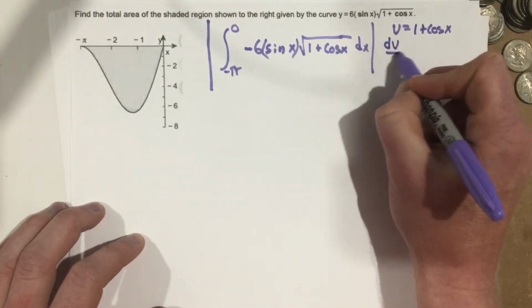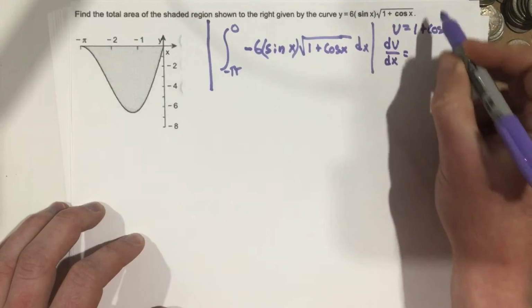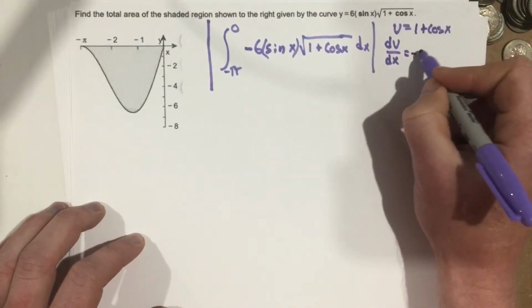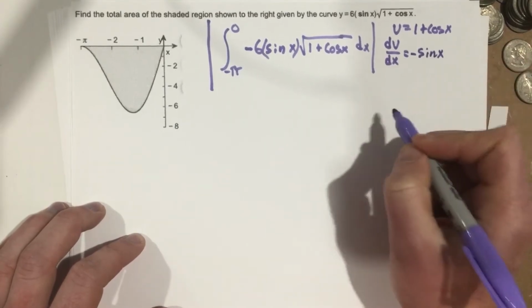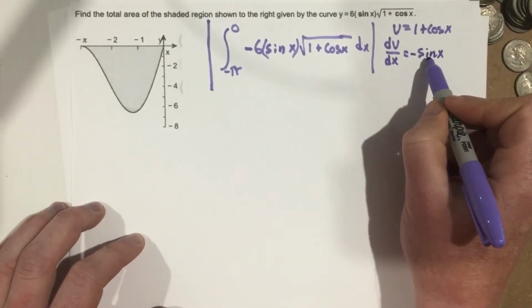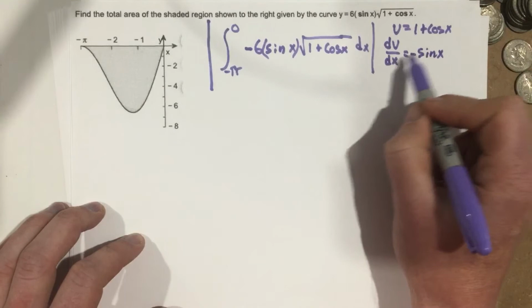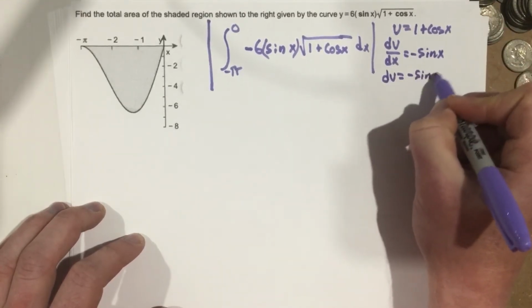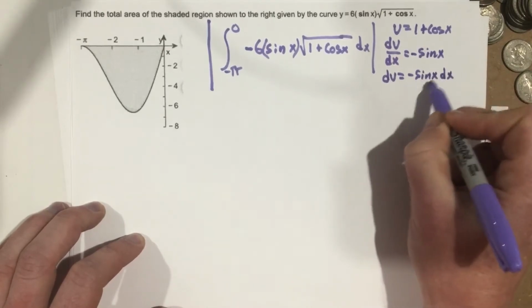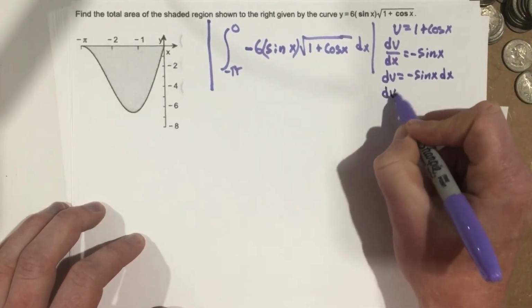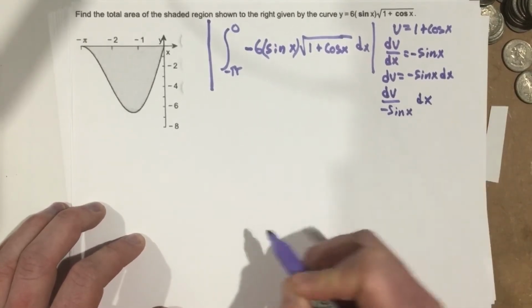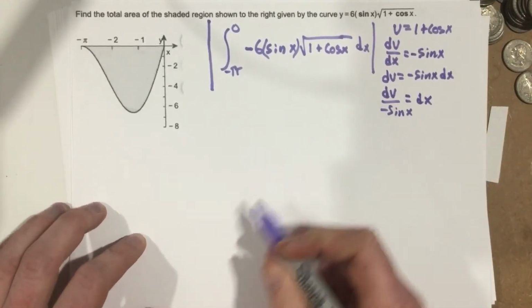du over dx equals derivative of 1 is 0, derivative of cosine is negative sine x. Multiply the dx across, we get du equals negative sine x dx. Then divide the negative sine x over, we get du over negative sine x equals dx.